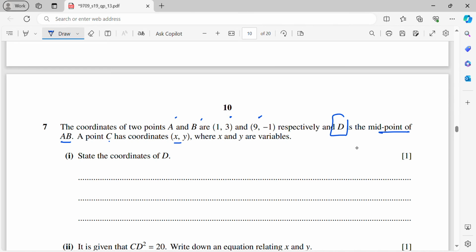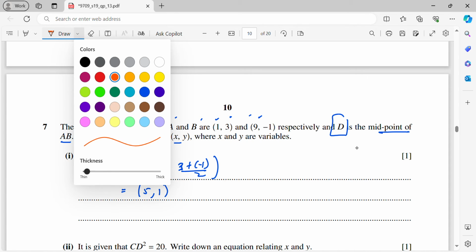Since D is the midpoint, D is the average of the x and y. So (1 plus 9) over 2, then (3 plus minus 1) divided by 2. That is (5, 1).